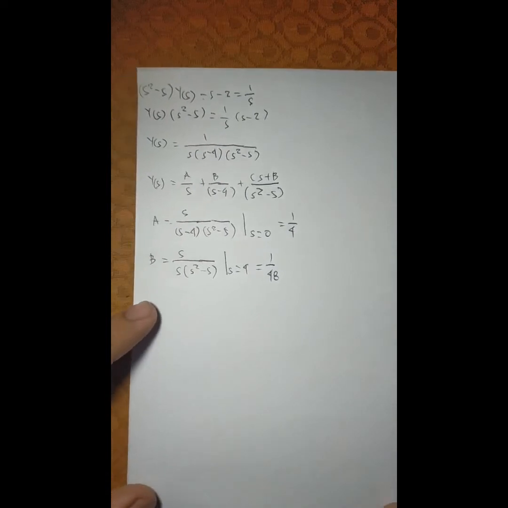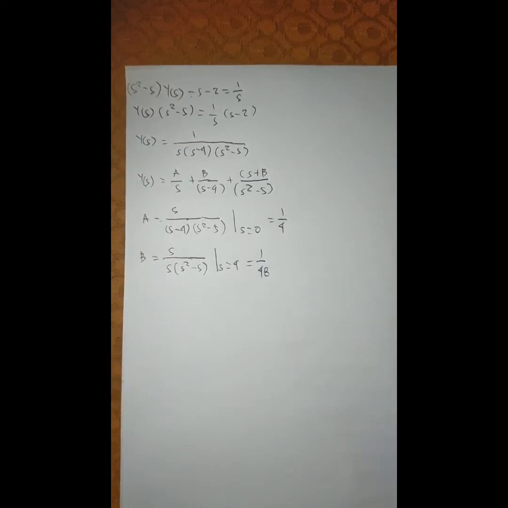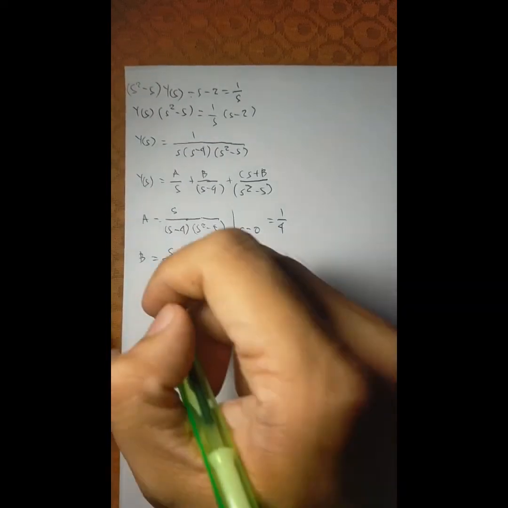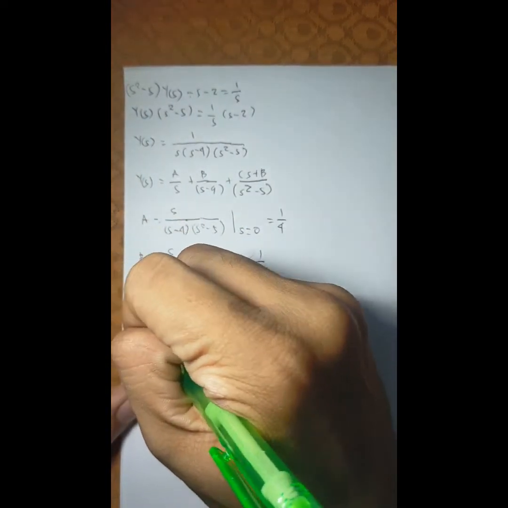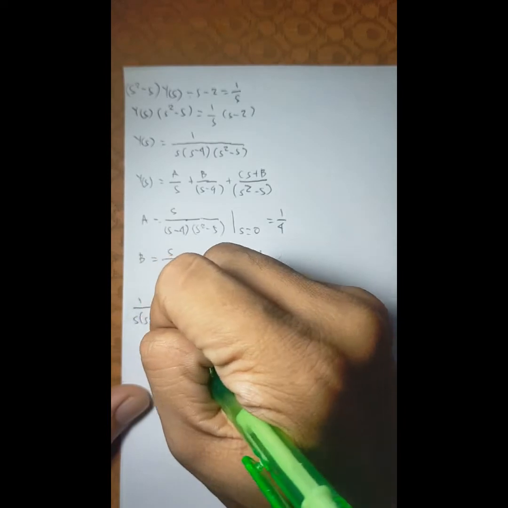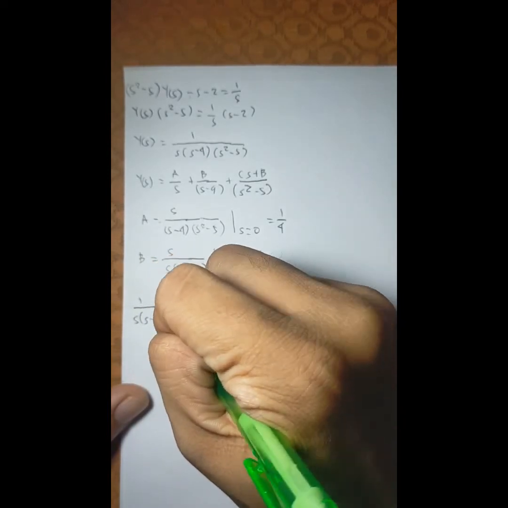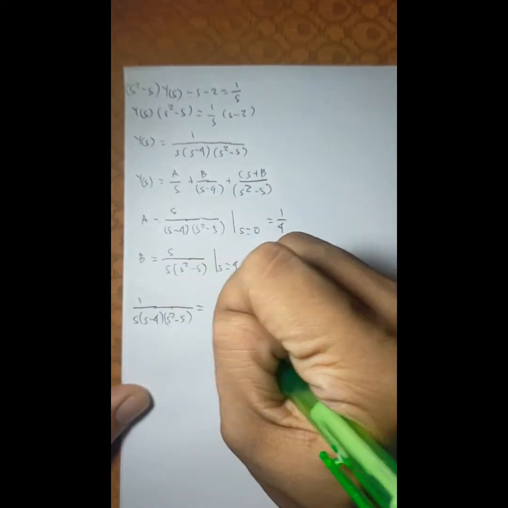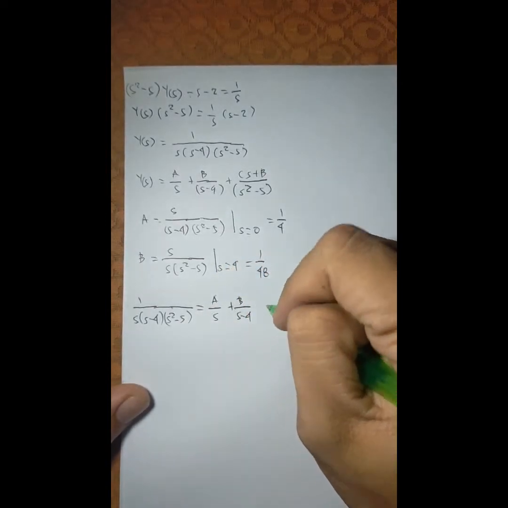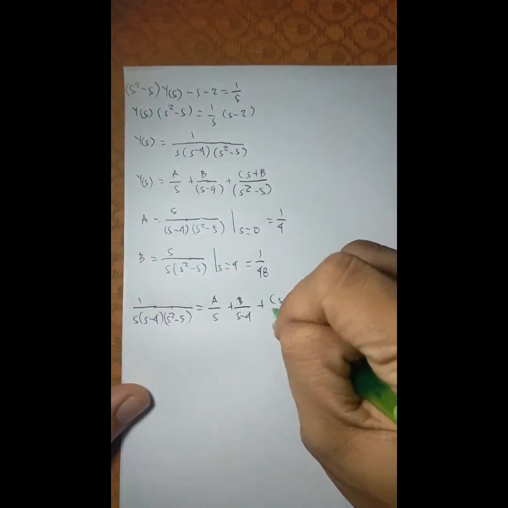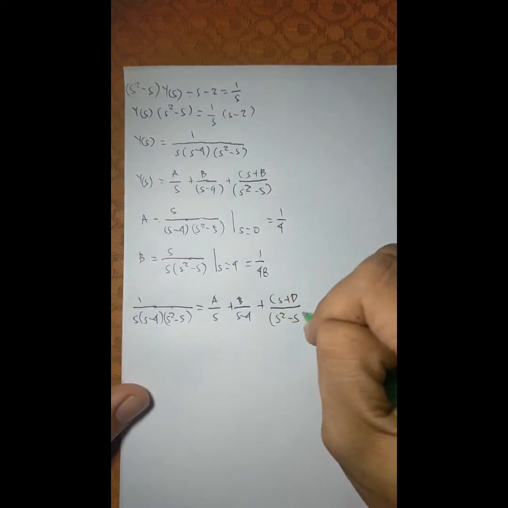Then to get the value of our c and d, we have used the coefficient method. So we have 1 over s times s minus 4 times s squared minus s equal to a over s plus b over s minus 4 plus c s plus d whole over s squared minus s.